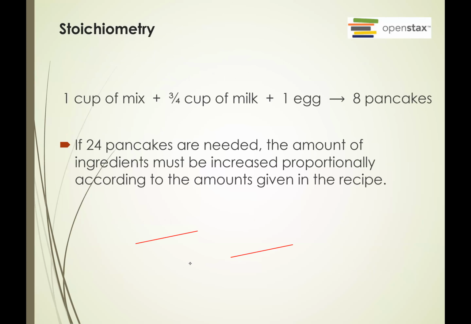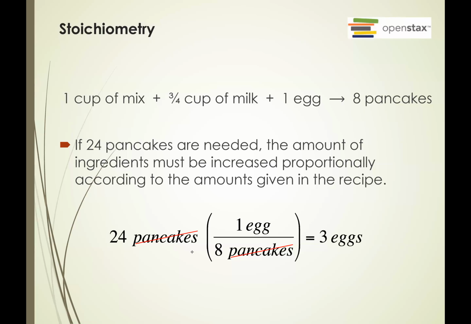So if we need 24 pancakes, then we have to increase the ingredients to do that, right? It's like you're making a double or a triple recipe, like we may have done, but we can actually do this using chemistry. So let's use the same thing. If we want 24 pancakes, and we need 1 egg for 8 pancakes, that means we need a total of 3 eggs.